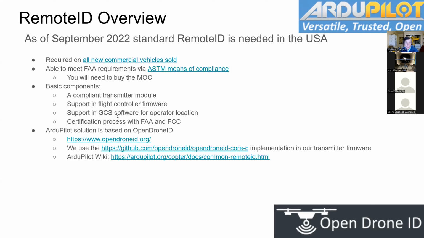You need support in the ground station software for the operator location and inputting all of the details of the flight. And you need to go through a potentially rather arduous certification process with FAA and FCC.